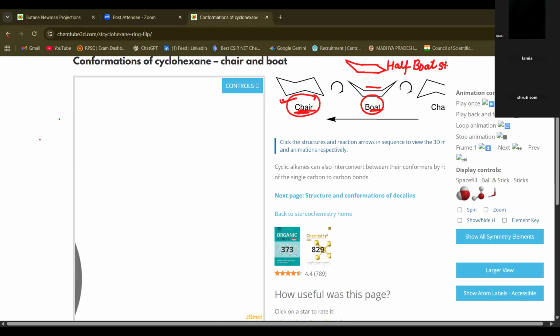Let's suppose there is a molecule in the lab, a newer compound, and we need to identify which is more stable.